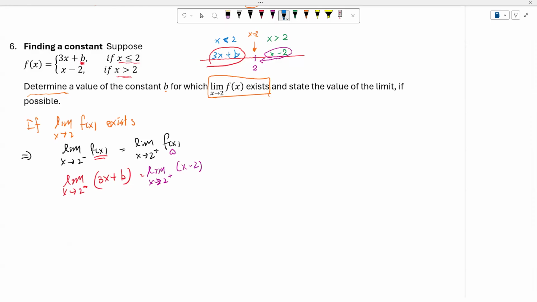So then now, work with the direct substitution. So I will have 3 times 2 plus b is equal to 2 minus 2. So therefore, in this case, I have 6 plus b equal to 0. So b is equal to -6 then.